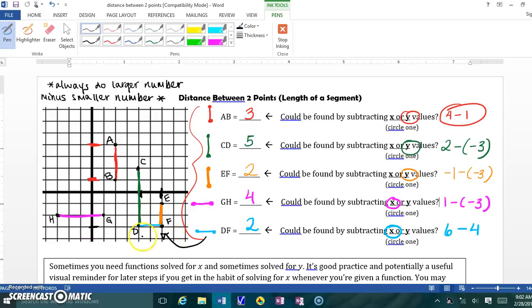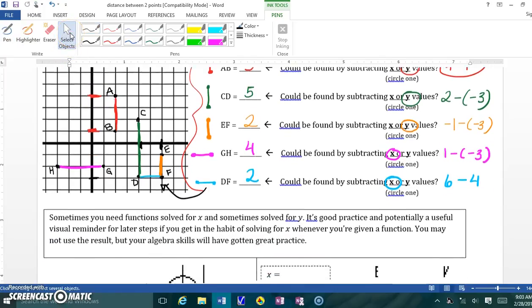And the most important connection to make is if I have a vertical line segment, we subtract the y values because the y values change for vertical line segments. If we have a horizontal line segment, then the y values are constant and we subtract the x values. That is the key thing to notice for this part.